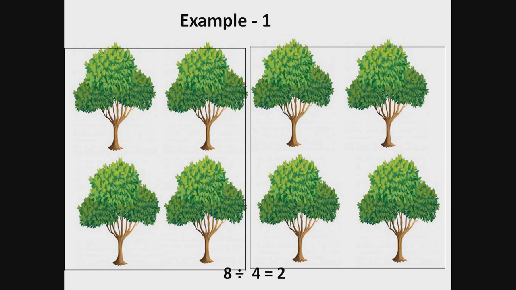There are 2 equal groups of trees. So, 8 divided by 4 is equal to 2. This gives us the conclusion that 8 trees divided into groups of 4 make 2 groups of trees.